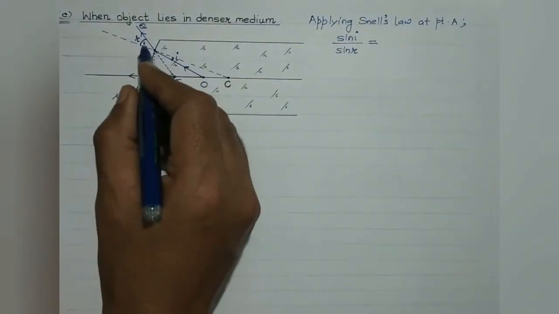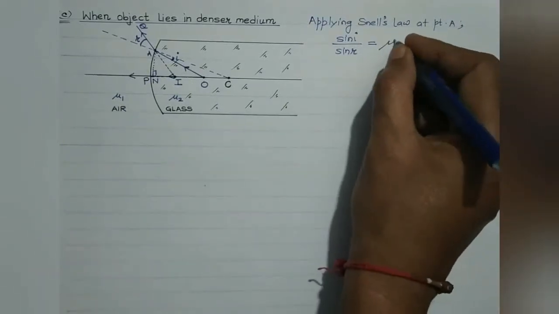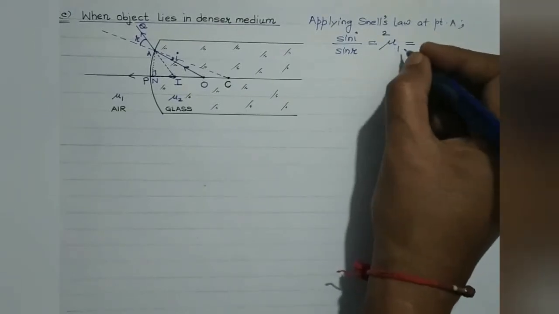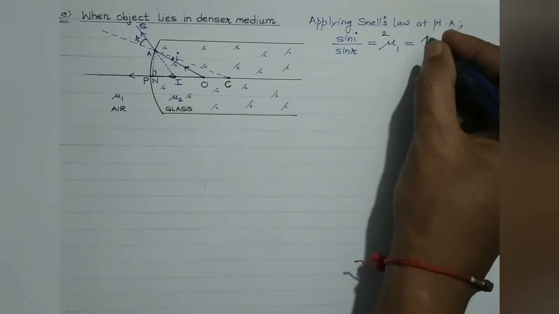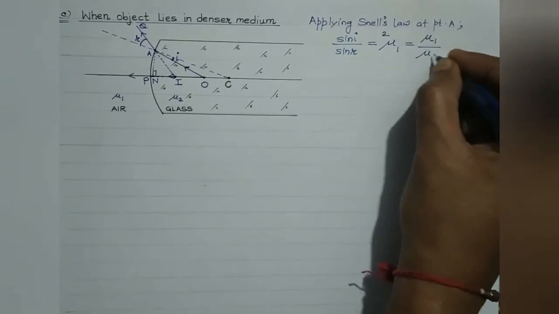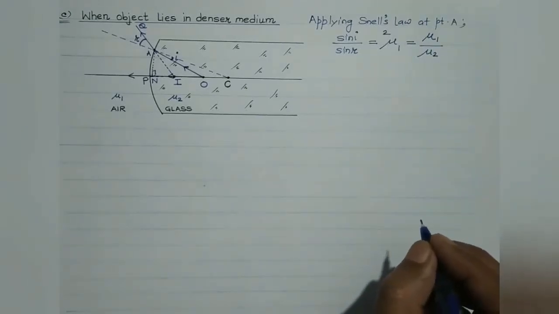This is the angle of refraction lying in medium 1. This is medium 2. So it will be refractive index of medium 1 with respect to medium 2. And this in turn, this relative refractive index of 1 with respect to 2, it would be equal to absolute refractive index of medium 1 divided by absolute refractive index of medium 2. Clear, students?